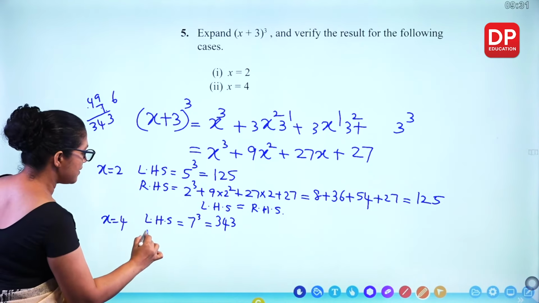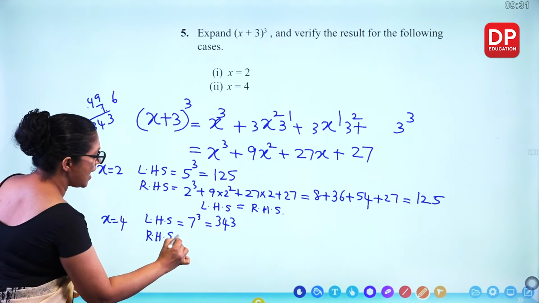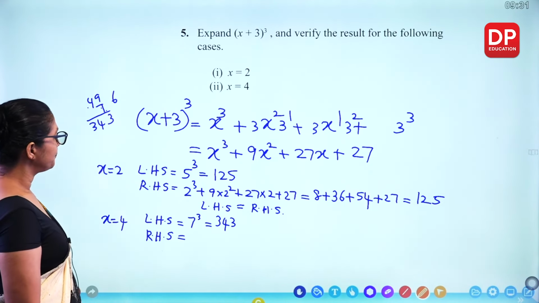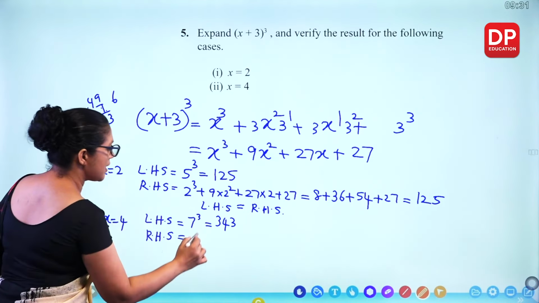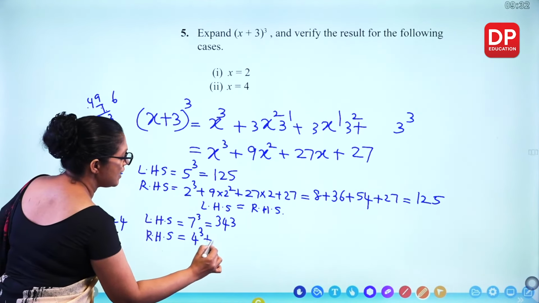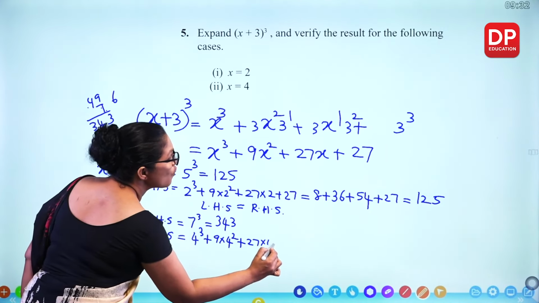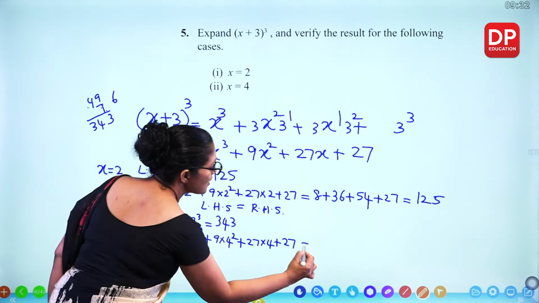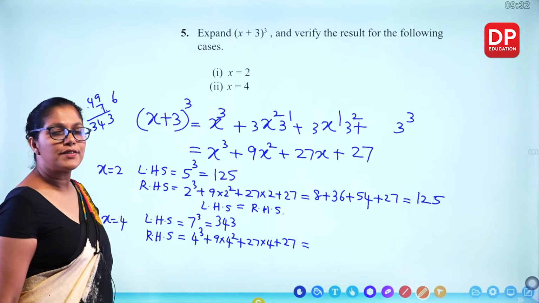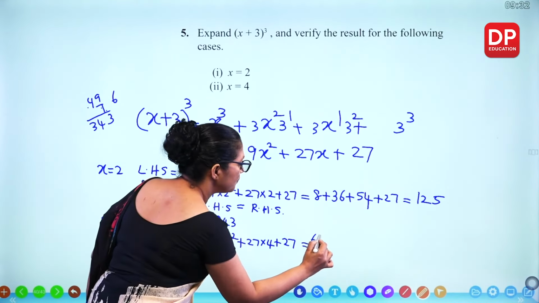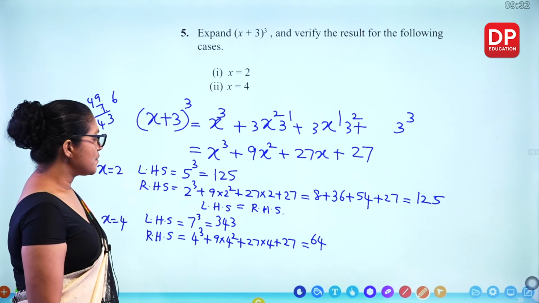Now we'll look at the right hand side and see whether it's true. So right hand side, x becomes 4. 4 to the power 3, 9 times 4 squared, plus 27 times 4, plus 27. So what's the answer? 4 to the power 3, 64. 9 times 16.